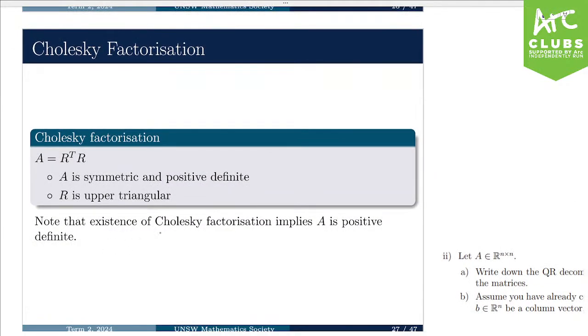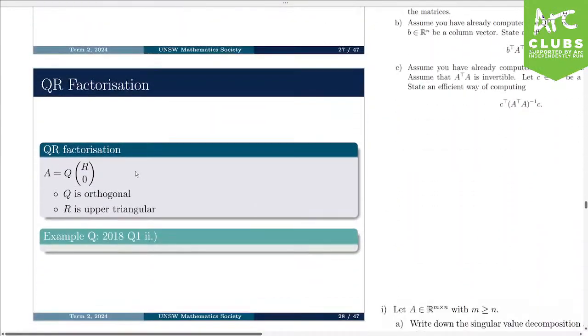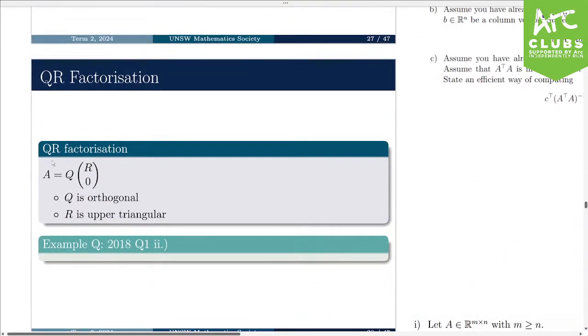And the existence of Cholesky factorization implies that the matrix is positive definite. Then next one is QR factorization. So Q here is orthogonal and R is upper triangular.